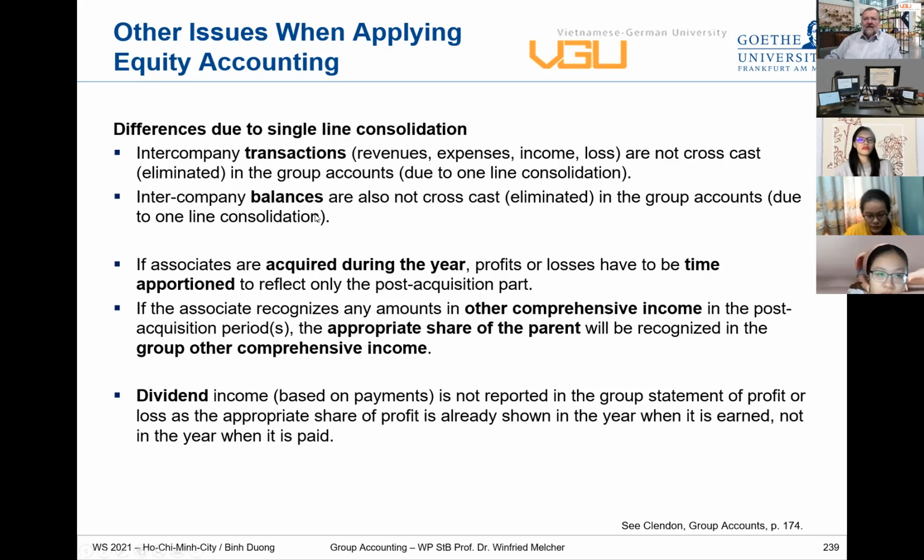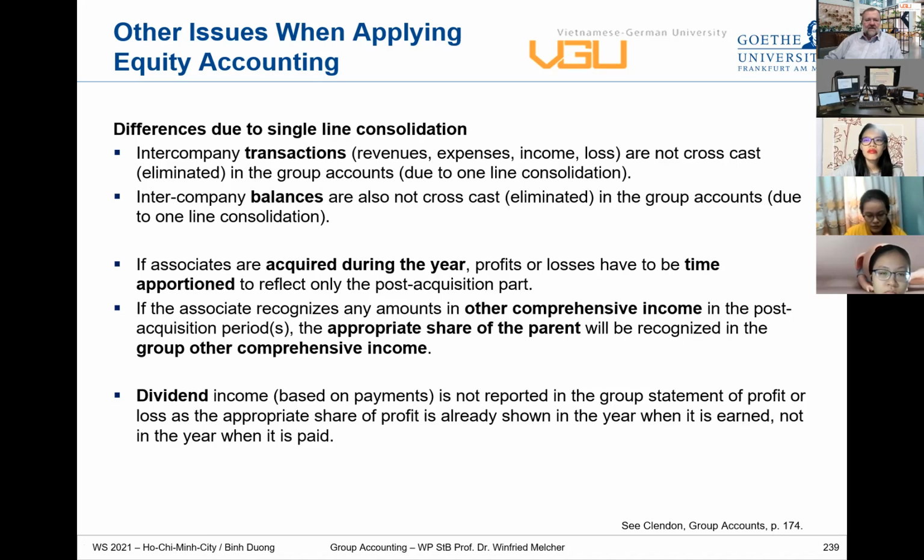So same thing in the balance sheet and also in the income statement. If, for instance, the parent rents a building from the associate, the parent has rental expenses and the associate has rental income, but we do not show the rental income of the associate in the group accounts.